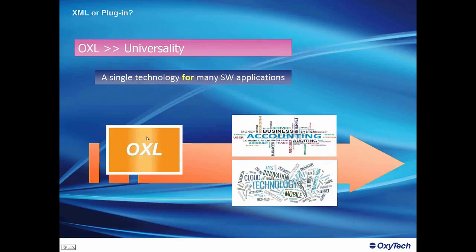So the OXL file can be used for technical applications, so for technical software, not only lighting, and in a second step, it can also be used to supply information to accounting systems, or to any other application where the information related to the product is needed. So whenever we use a technical application, the application will collect the information and select some of the information available through the OXL file.